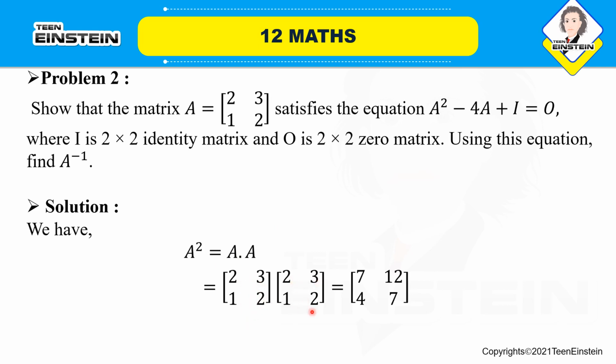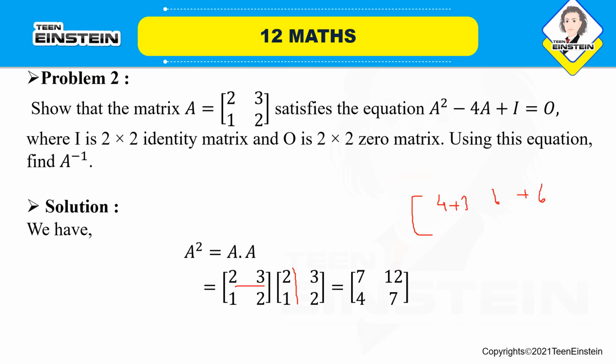So I am multiplying [2 3; 1 2] here. In matrix multiplication, first row with first column gives you the first element. So it is 2 into 2, 4, plus 3 into 1, 3. Then first row, second column: 3 into 2, 6, plus 3 into 2, 6.